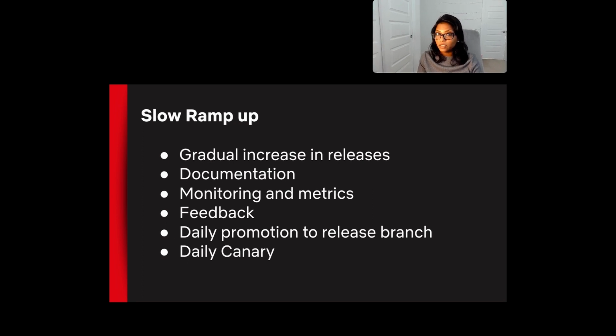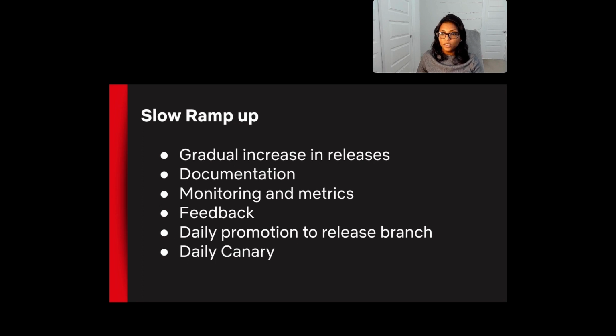But before we did that, we added another step. We went to promoting changes to the release branch every day and also running canaries every day. How did this help? So this helped us by narrowing down issues with a smaller subset of changes, which means we had more than one approved release candidate prior to the release date that can be pushed even if the latest failed.